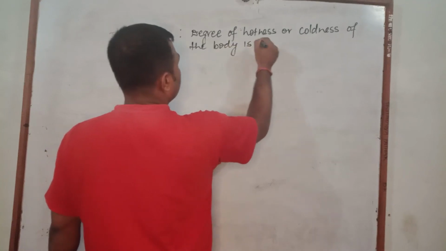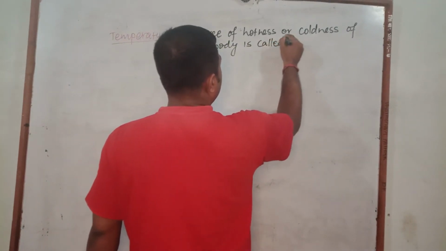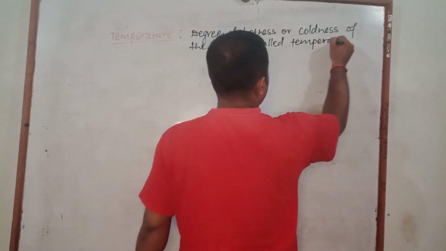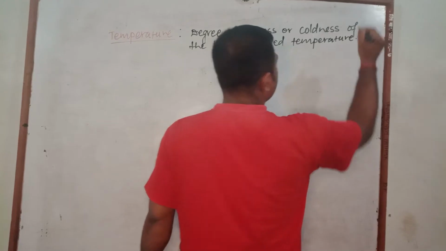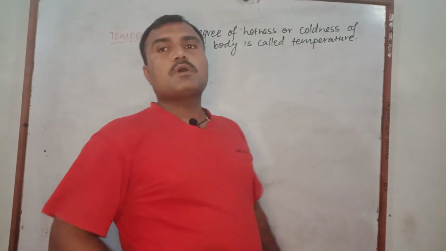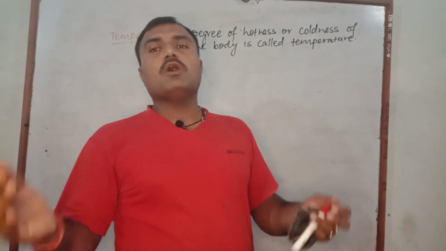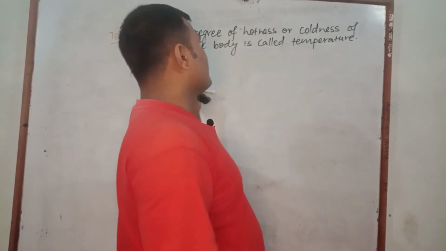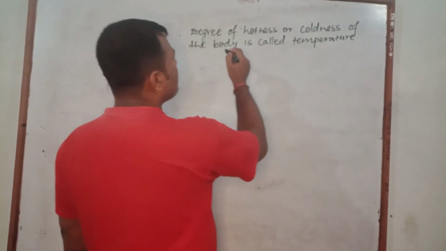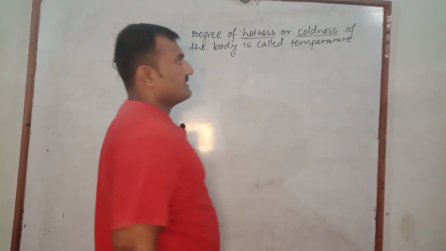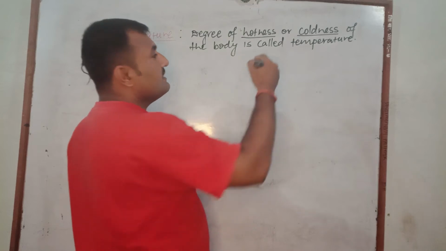Temperature helps to compare which objects are hotter or colder. Objects having higher temperature are hotter than cold objects.